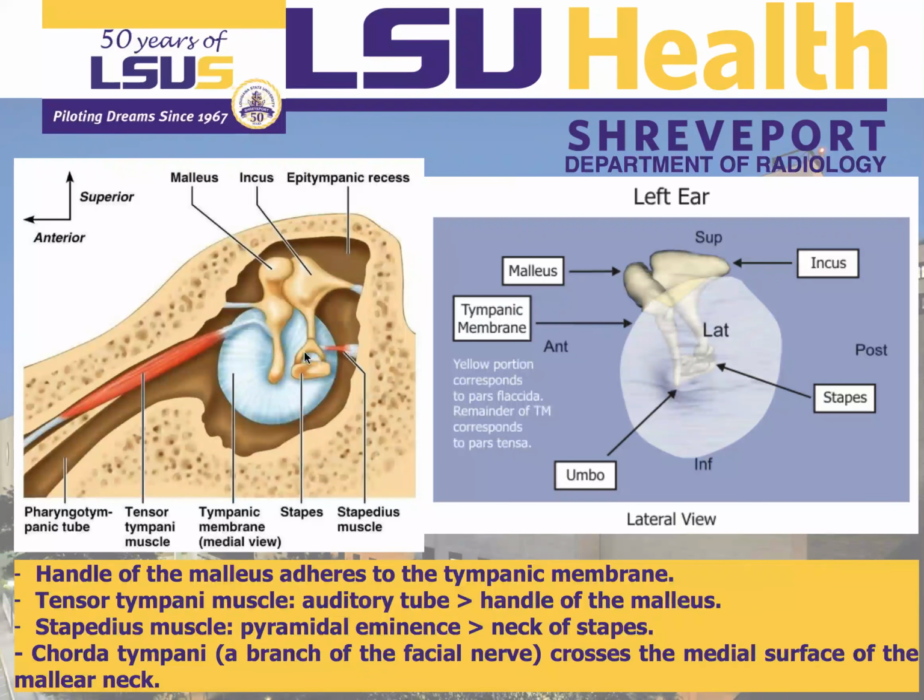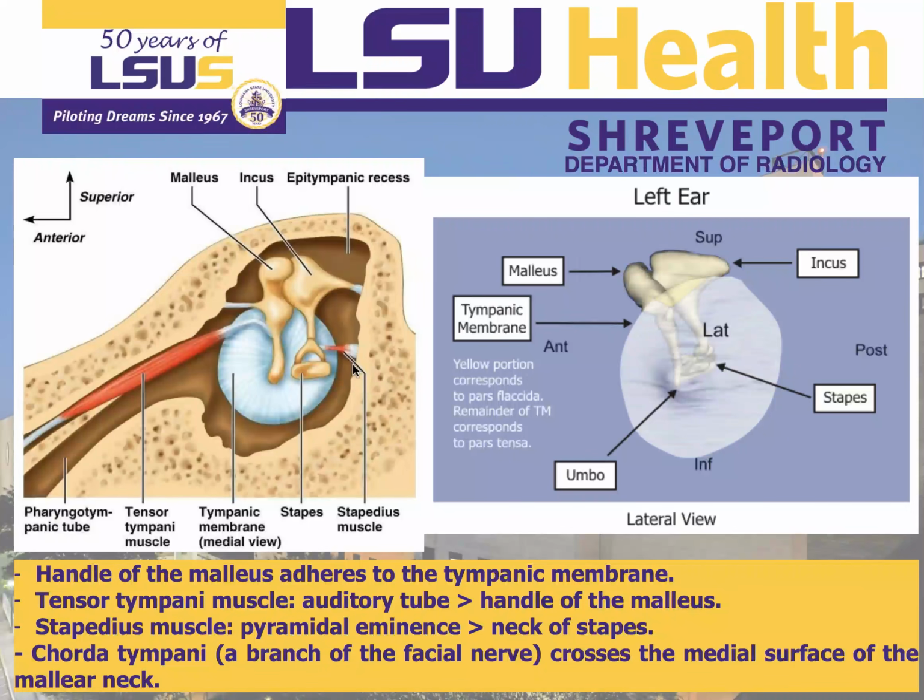Here from the inside you see the eardrum, or the tympanic membrane, as you wish, and the handle of the malleus attached to the tympanic membrane. Here you can see the tensor tympani muscle arising from the Eustachian tube, from its bony spike, and inserting in the malleus between the neck and the handle of the malleus.